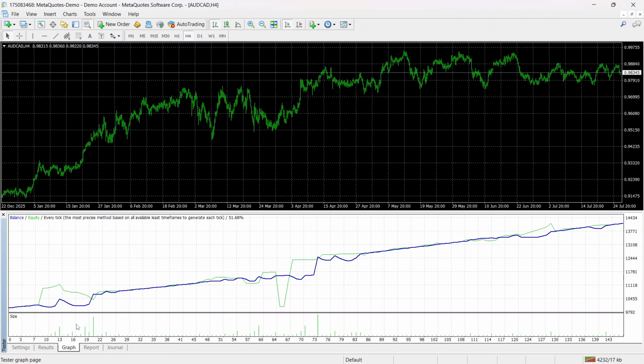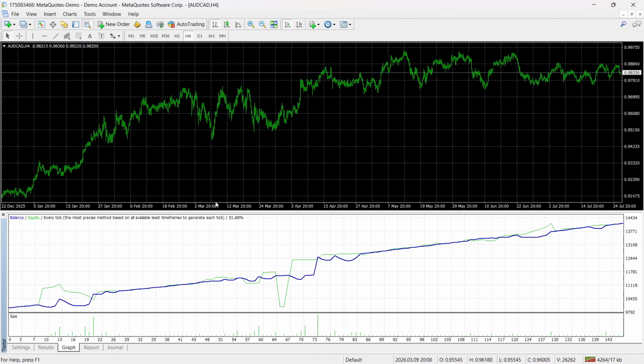Let's go over to the equity curve. Looking at it, it shows a generally upward path with a few noticeable dips along the way. Also stretches where the balance and equity pull apart a bit during recovery periods, which is typical for this style of system. And they come back together as we see later on once the grid closes out.